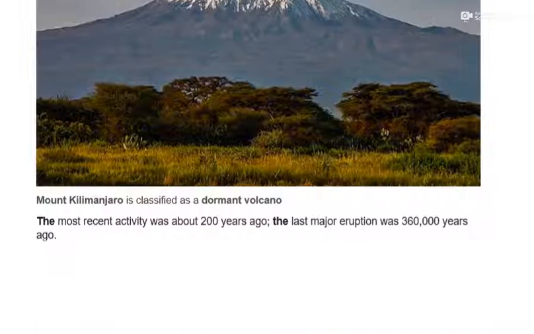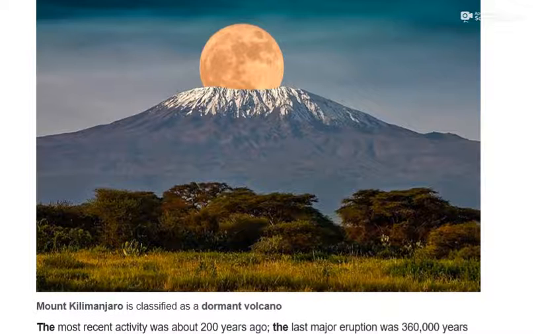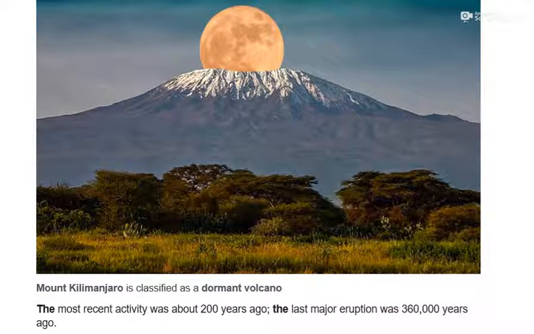The third example is Mount Kilimanjaro, and Kilimanjaro was active about 200 years ago. The last major eruption was 360,000 years ago. So the eruption that took place 200 years ago was just an activity, and that was not a very major volcanic eruption.